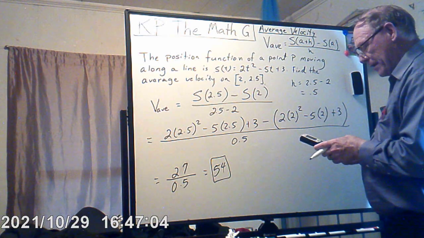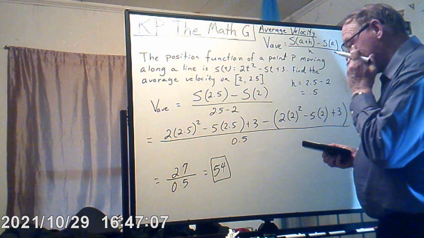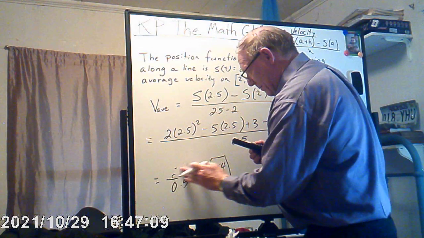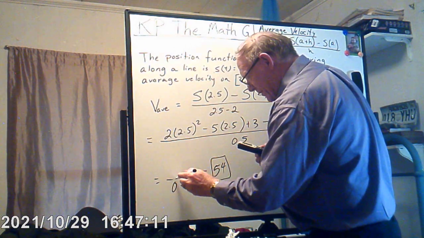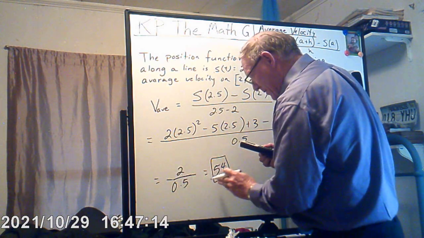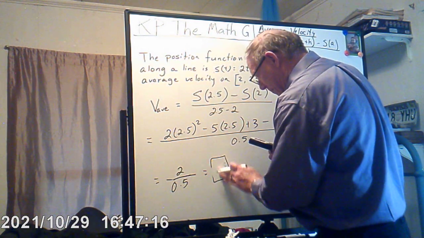Enter. Well, the second time I get 2, and that's what I got the first time when I figured it out by hand. I don't know why I got 27 the first time.